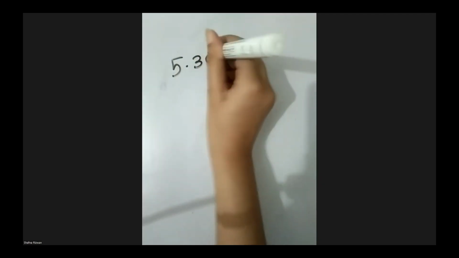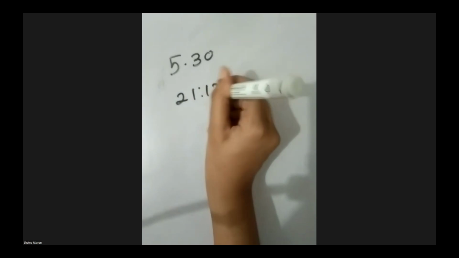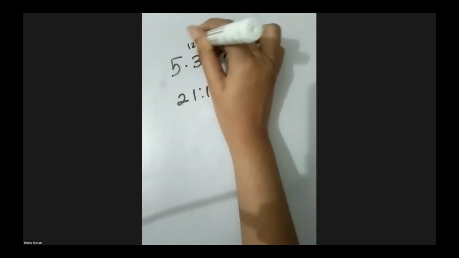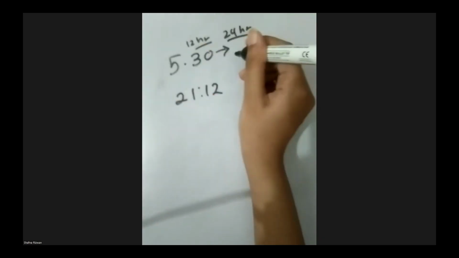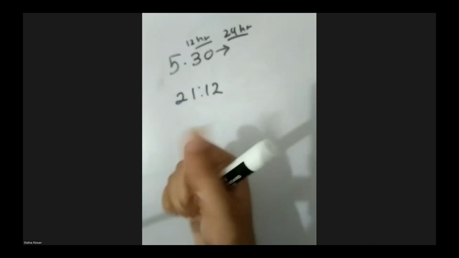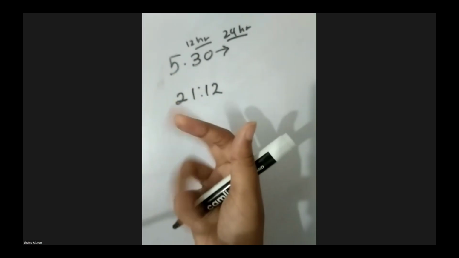Okay, now see here they have given you 5:30 p.m. and they have given you 21:12. So let's convert this into 24-hour clock, because this is in 12-hour clock format. So 5:30 into 24 hour means if I say 12, after that you have 1, 2, 3, 4, 5.